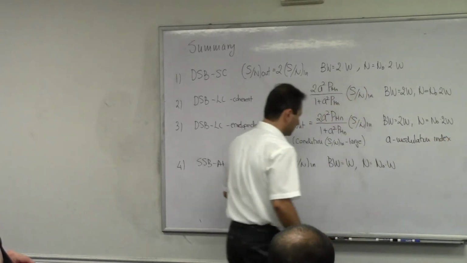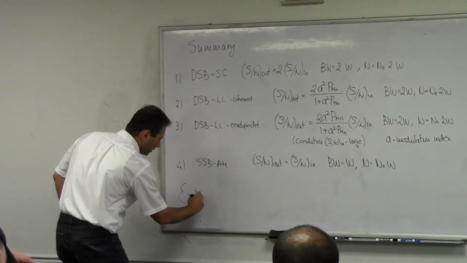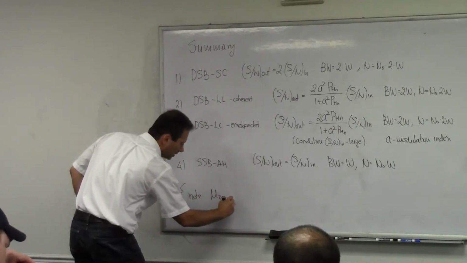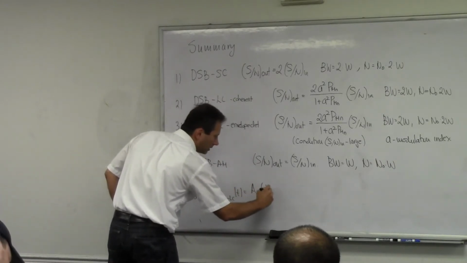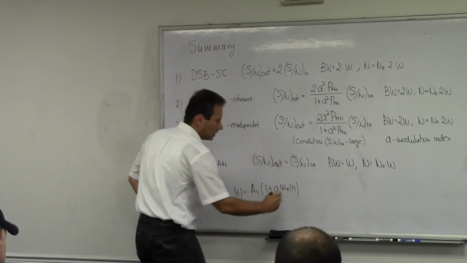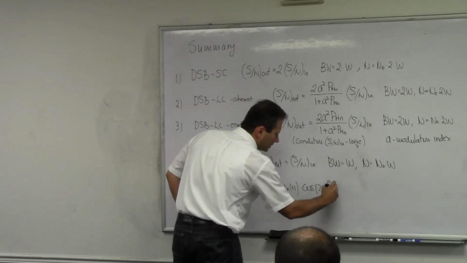If you remember, let me just refresh your memory here. We have u of t for double sideband large carrier as Ac times 1 plus a times the normalized message signal, times cosine 2 pi fc t.